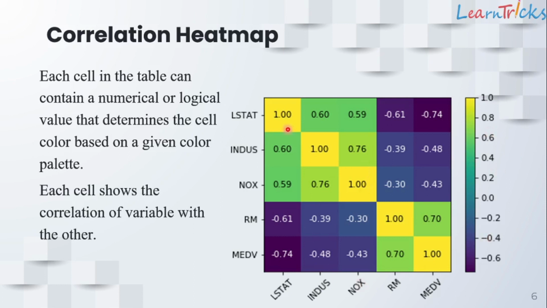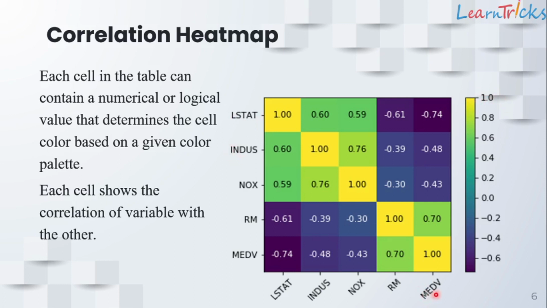So now we can see that the relation of L stat with L stat will always be 1. That's why all the diagonal values are colored yellow, which represents the correlation value 1. And here, L stat and M made V, right?